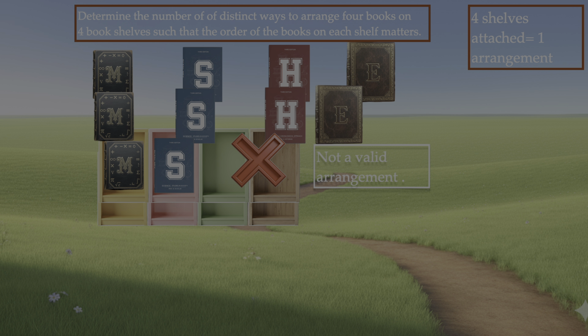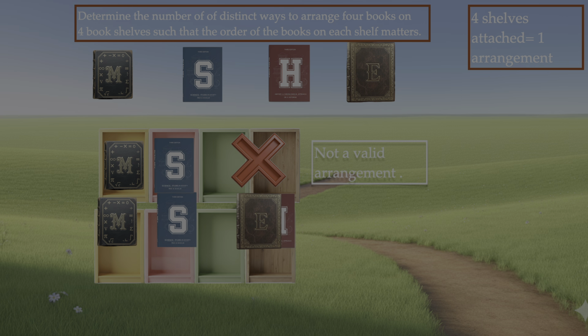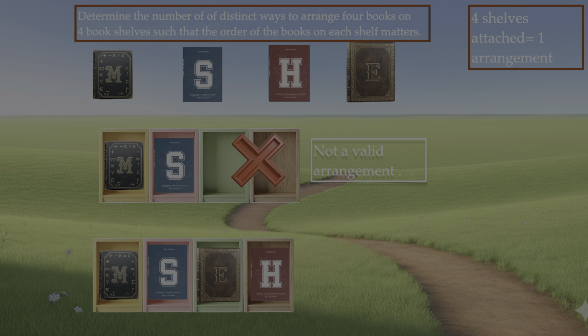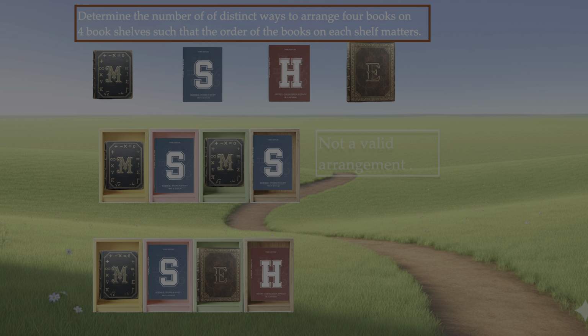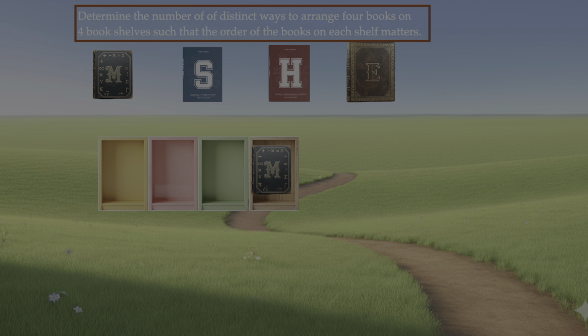However, placing the math, science, English, and history books into the 4 shelves results in a valid arrangement, as all 4 shelves are filled. This is also an invalid arrangement, as placing 2 identical books in the same arrangement is not allowed. There is another valid arrangement, and now we will explore all possible such arrangements.